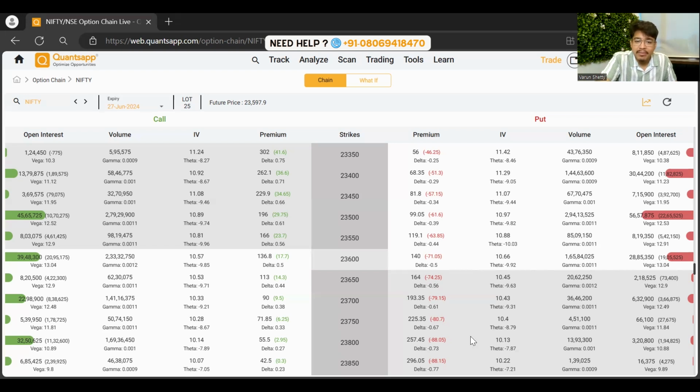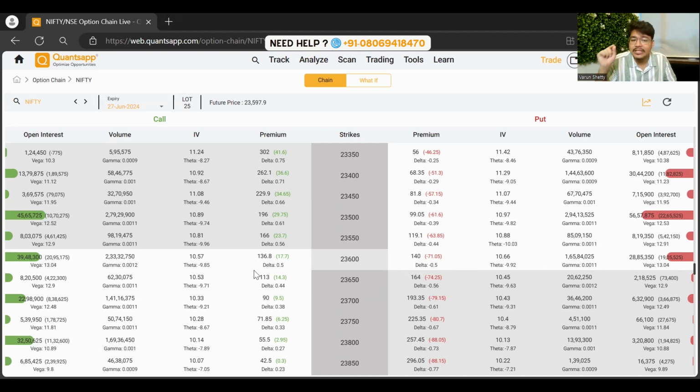So let's say if I buy this particular option, and I carry it overnight and everything else remains constant. Tomorrow the market opens at the same price. Everything else is constant. Still, my option's premium will decrease by 9.85 rupees. Why? Because that is time decay.